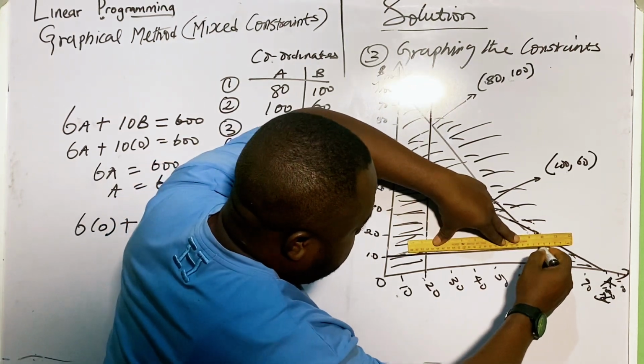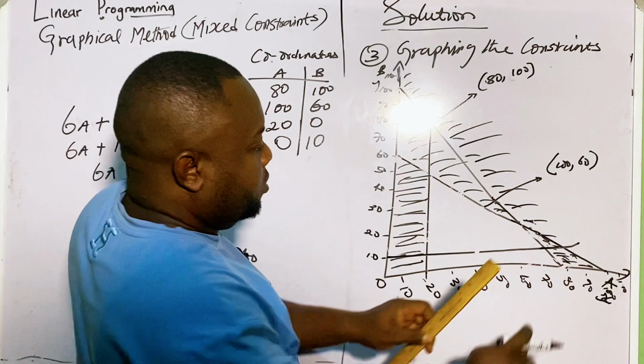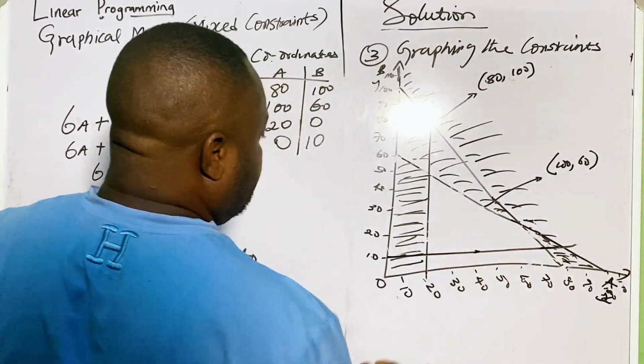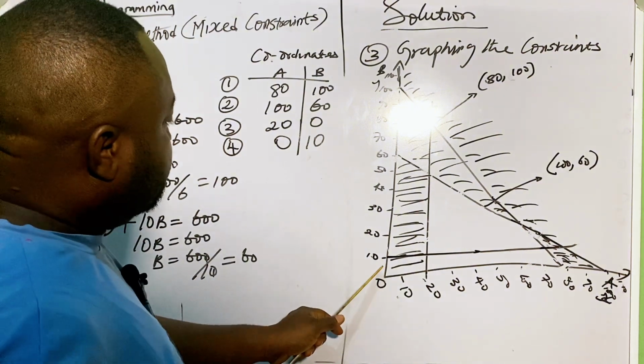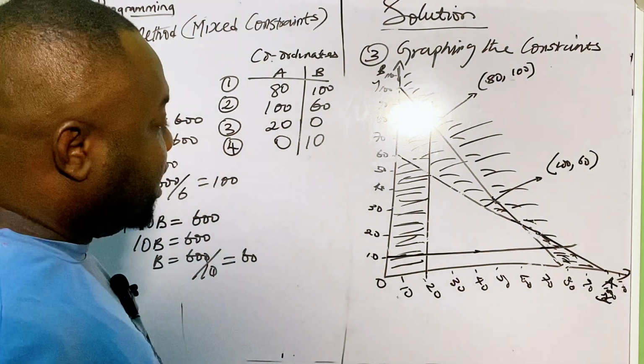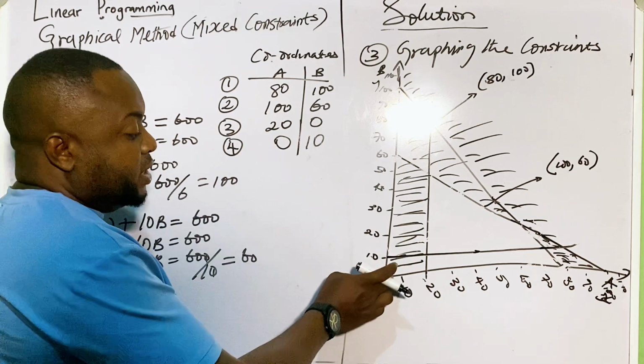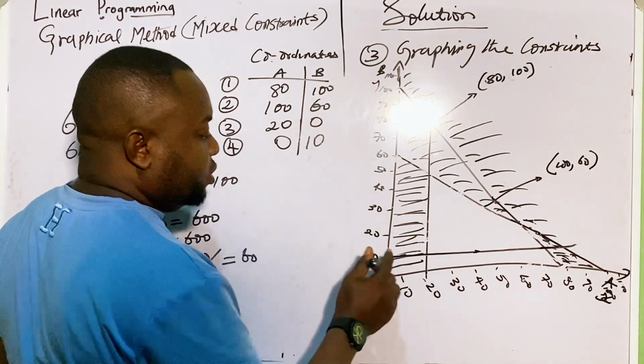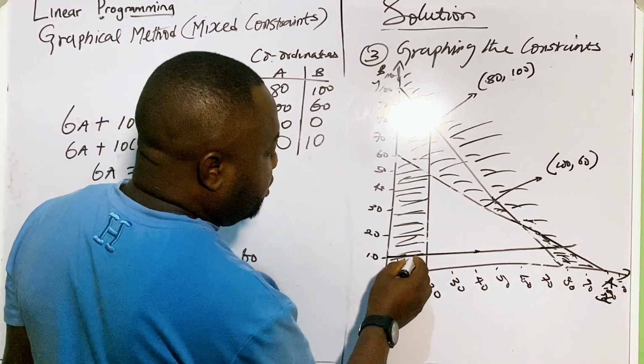Because it's of greater than or equal to type, we do not desire anything from 0 to 9.99. So anything less than 10 we do not want. So we're going to shade off here.